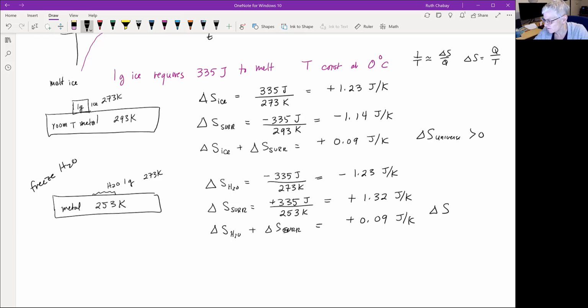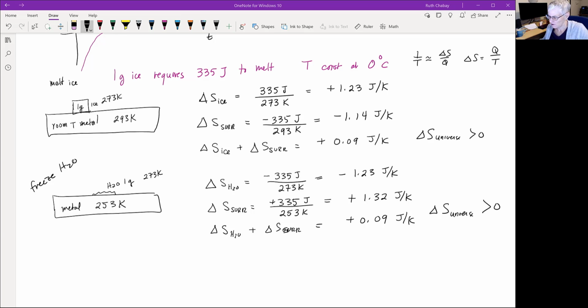So the entropy of the universe increased again. So in all these processes, the entropy of the universe is actually increasing.